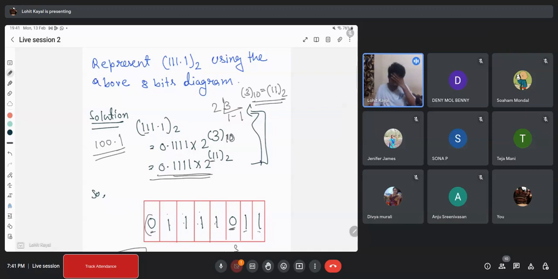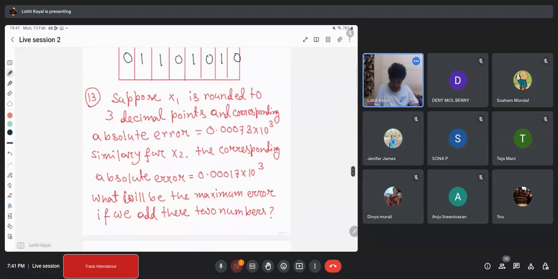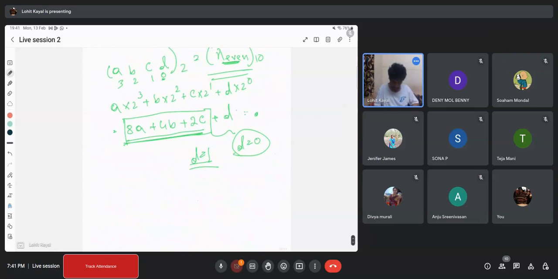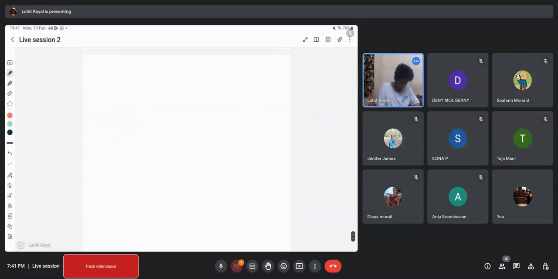No, that's 10.01. Let's convert it to this format. So our number was 10.01.